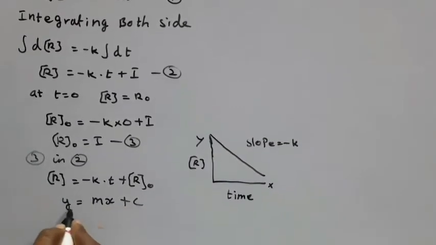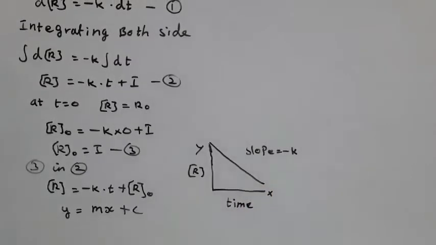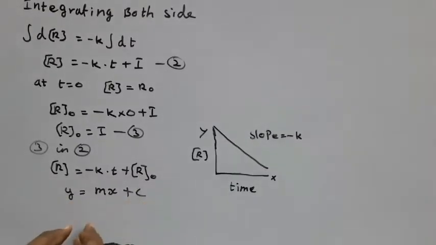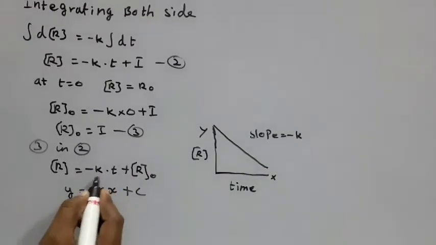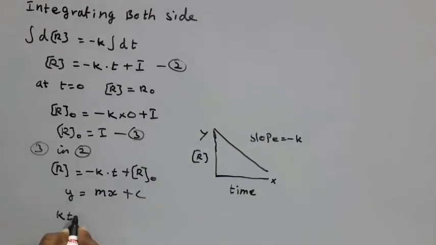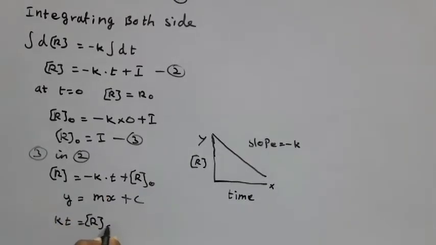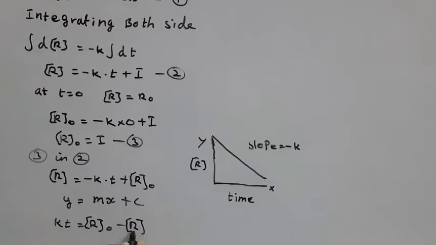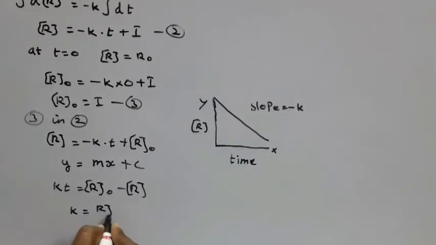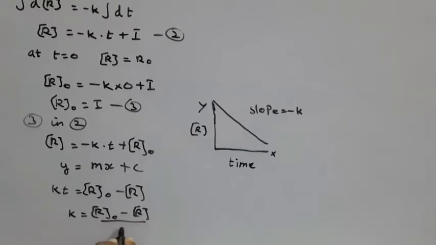This is the graphical representation of the integrated form of the zero order reaction, the straight line equation y equal to mx plus c. Now we take this kt to the left hand side, so kt equals R0 minus R. Now k equals (R0 minus R) by t.